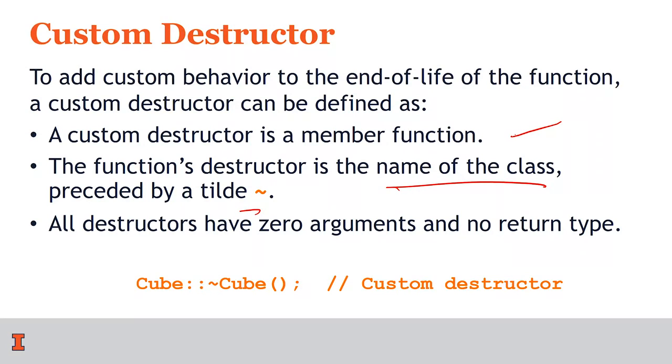And all the destructors have to have no arguments and no return type. So there's no ability to change up how we define a custom destructor. There's exactly one way to define it, and the only way to define it is the name of the class itself, preceded by a tilde, with absolutely no arguments.